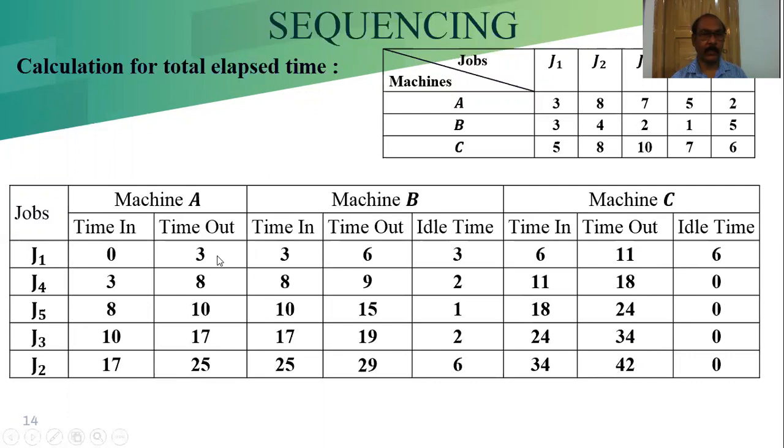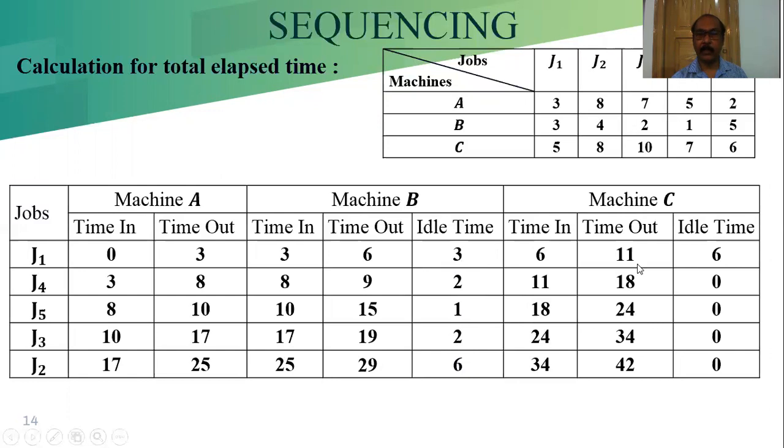So the idle time for the machine A is 42 minus 25 hours, and the idle time for the machine B: timeout of job 2 in the machine B is 29 hours. So 42 minus 29 is equal to 13 hours, and sum up these idle hours. 3 plus 2 is 5, 5 plus 1 is 6, 6 and 2 is 8, 8 and 6 is 14. So 13 plus 14 is 27 hours.